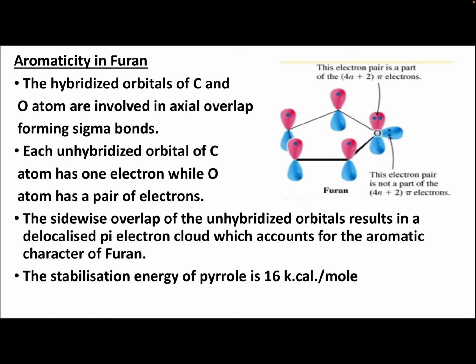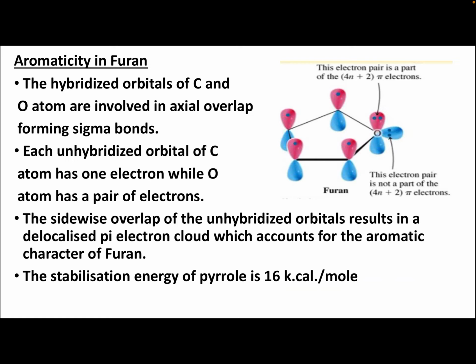Aromaticity in furan. The hybridized orbitals of carbon and oxygen atoms are involved in axial overlap forming sigma bonds. You are seeing the hybridized orbitals in pink, green, and blue colors. So these 5 sigma bonds are formed by the overlap of carbon-carbon and carbon-oxygen.